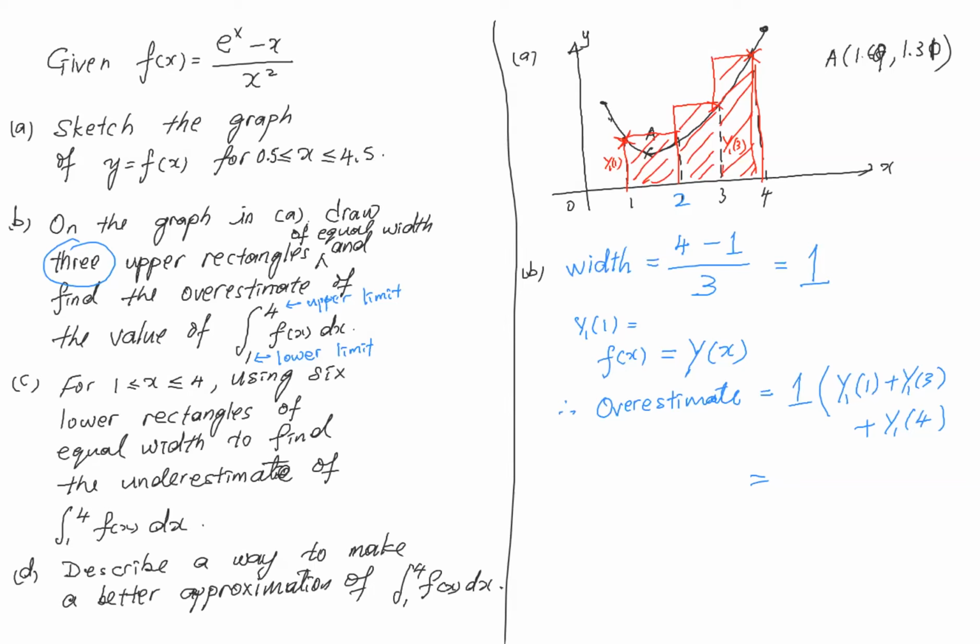Okay, good. Everyone know how to do. You don't know how to do, huh? Okay, good. 6.78 unit square. So we have to be very careful in this case. If the graph changes its direction, your choice of the height, you have to be very careful.